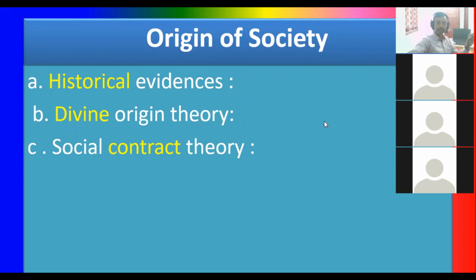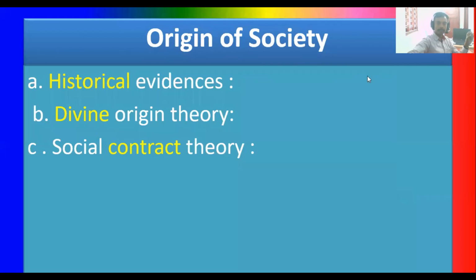Then only the society was created. So that theory is called divine origin theory. It's a religious theory. This theory emphasizes that society was created by God.